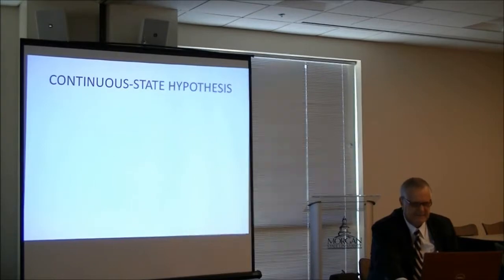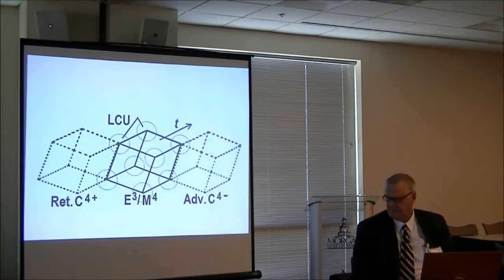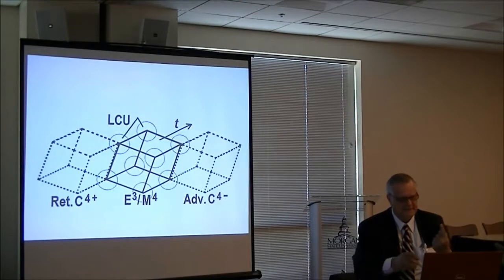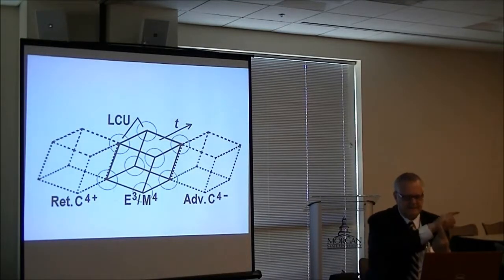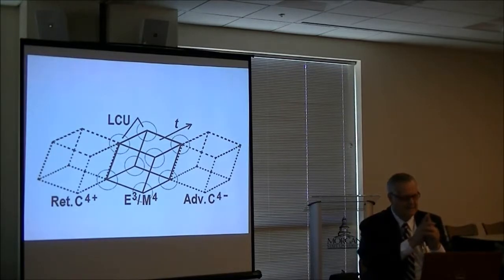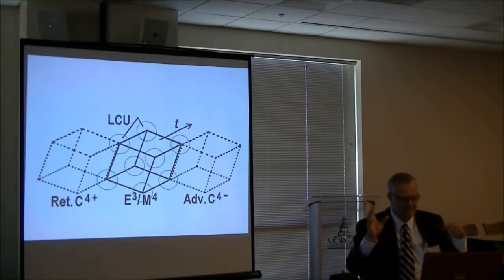pieces of this is this continuous state hypothesis. So if you've looked at Cramer's transactional model, a present transaction, a point, sends out the offer wave and whatever they call the other one, and you get a present transaction as a standing wave of the future and past in, of course, this higher dimensional standing wave model.